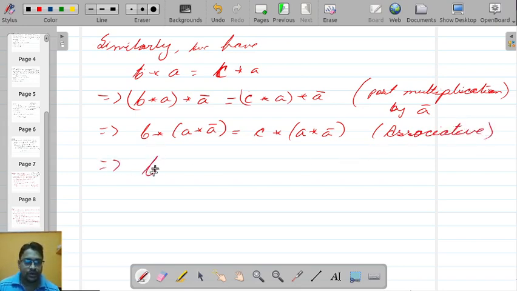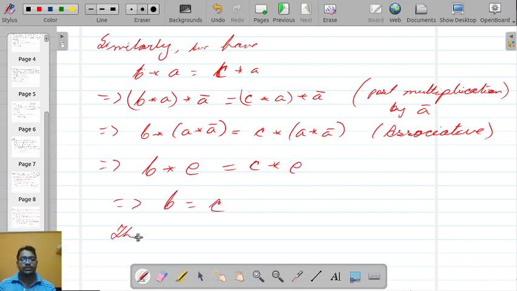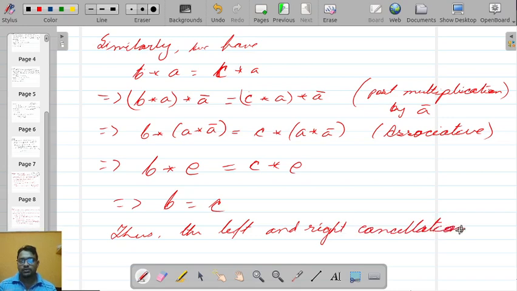So from here we can write B star E equal to C star E, so B equal to C. Thus the left and right cancellation laws hold.